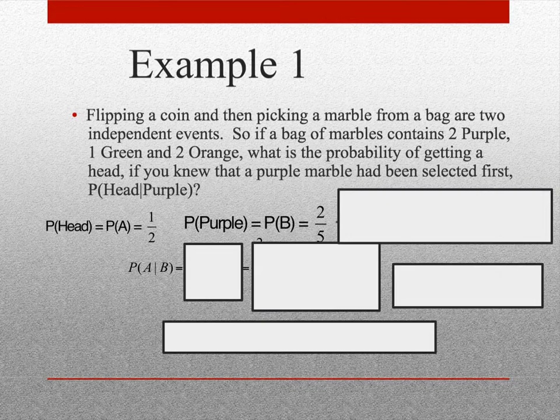If a bag of marbles contains 2 purple, 1 green, and 2 orange, what's the probability of getting heads, given that a purple marble has been selected first? The probability of getting heads is 1 out of 2, and a purple marble, since there's 2 of them and a total of 5, is 2/5.